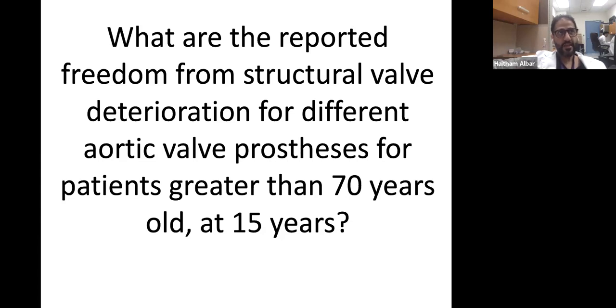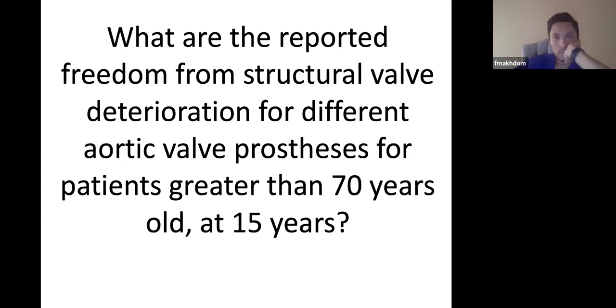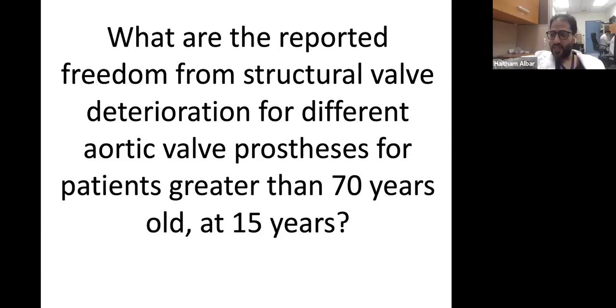Usually they are designed to be free of structural valve deterioration, but pannus formation can happen on the sewing ring of the mechanical. But roughly, a patient who is 50 years old, 20% to 30%; 60 years old, like 15% over 15 years; 70 years old, 5%.